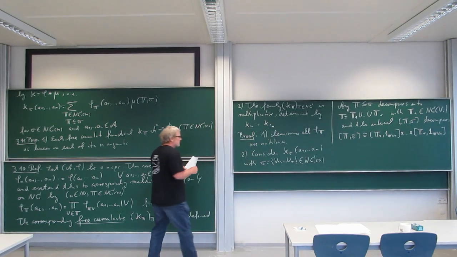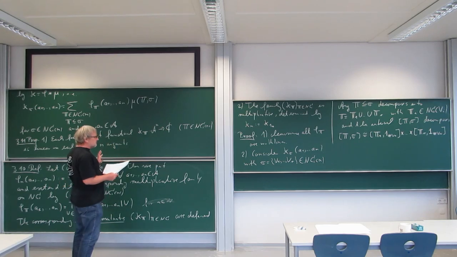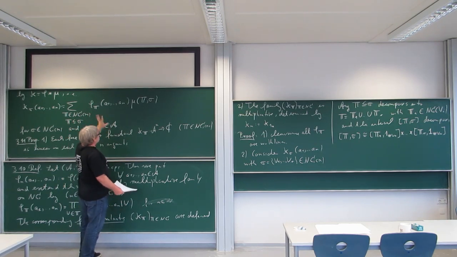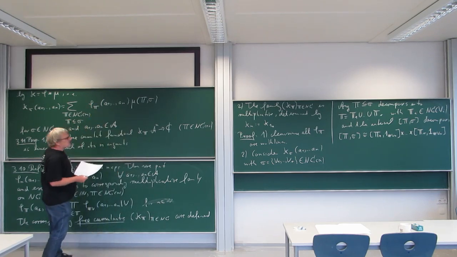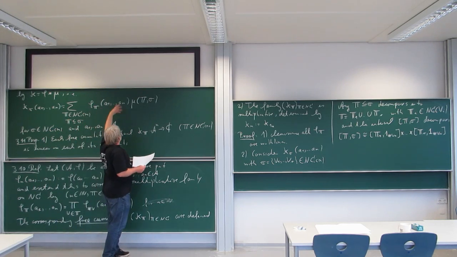Okay, good. Now, why am I interested in this interval? I'm summing over those pi's, and I have to see that I have a multiplicative factorization here. Of course, this phi is multiplicative. So if I have the structure of the phi, this decomposition of the phi pi, I have a multiplicative factorization.